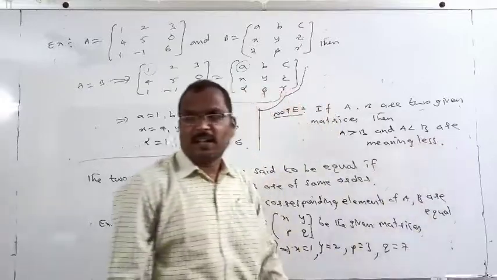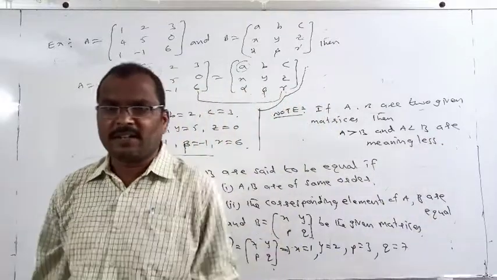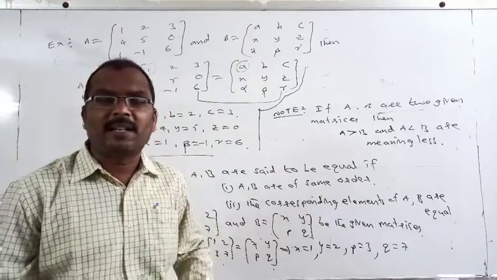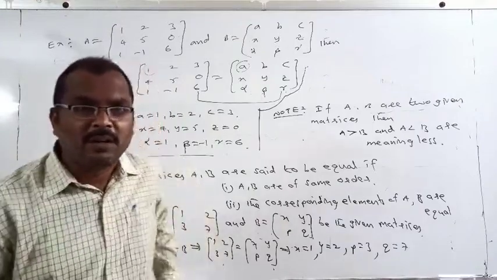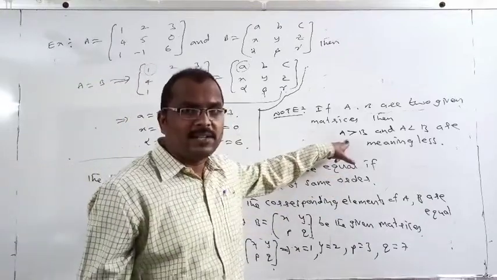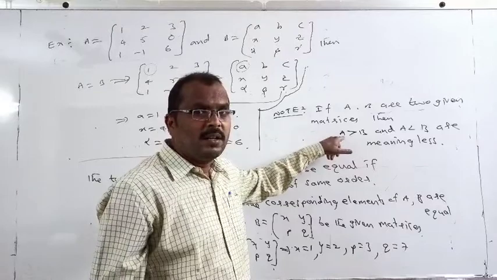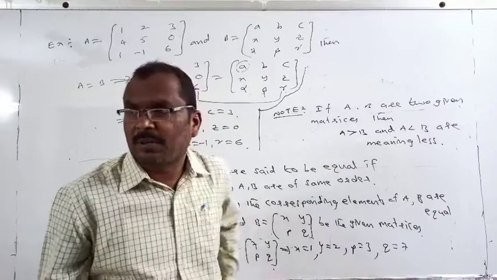It means you cannot say one matrix is greater than the other matrix, or one matrix is less than the other matrix. The matrices cannot be comparable. You can give one statement: the two matrices cannot be comparable.